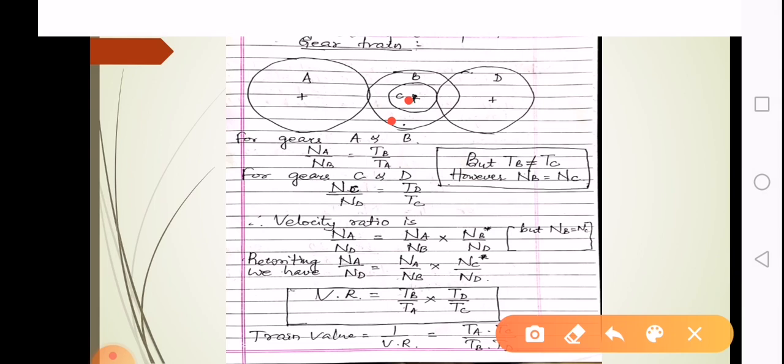So here I should have written Nc upon Nd, and I have replaced it. Rewriting, we have Na upon Nd is Na upon Nb into Nc upon Nd. So finally Na upon Nd is equal to Tb upon Ta into Td upon Tc.